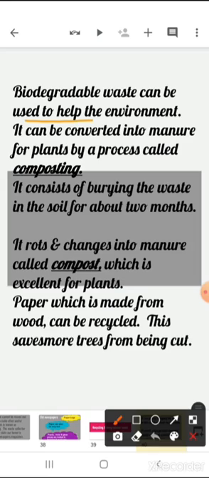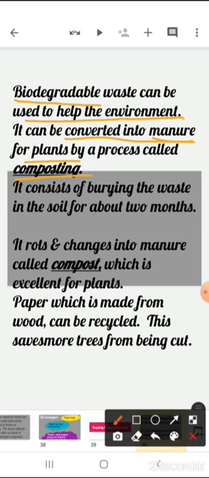Biodegradable waste can be used to help the environment. It can be converted into manure for plants by the process of composting.